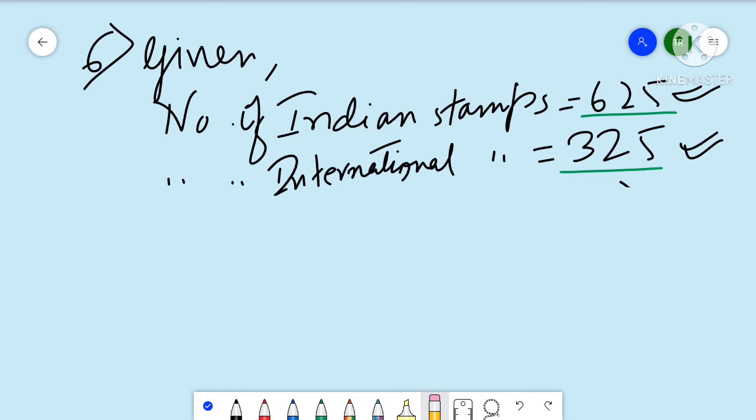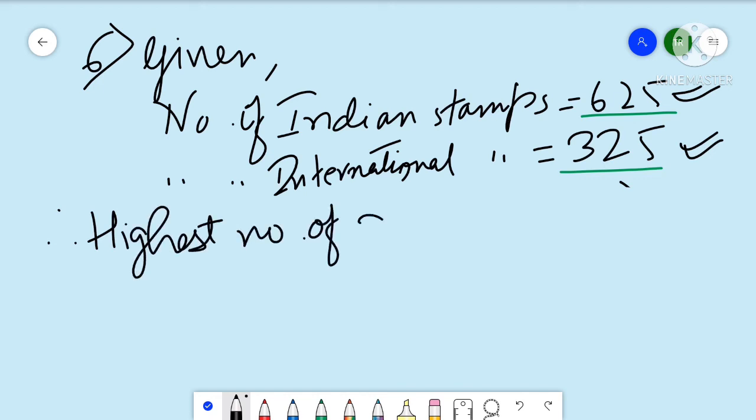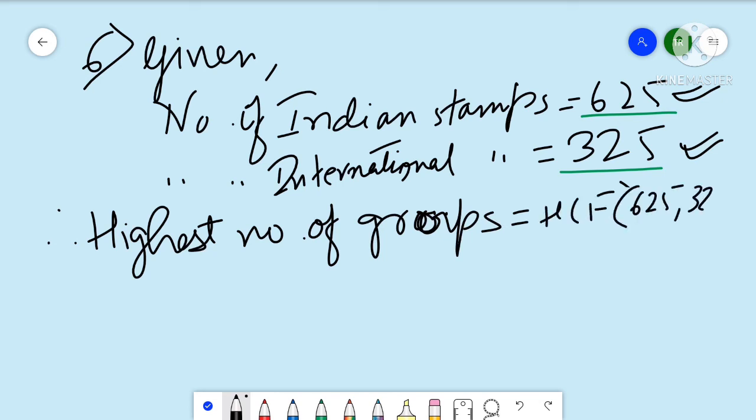Let's try. So now we will try to find the HCF. Therefore the highest number of groups is equal to HCF of 625 and 325. So how to find the HCF?